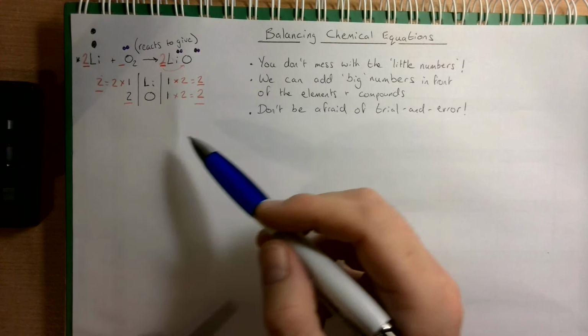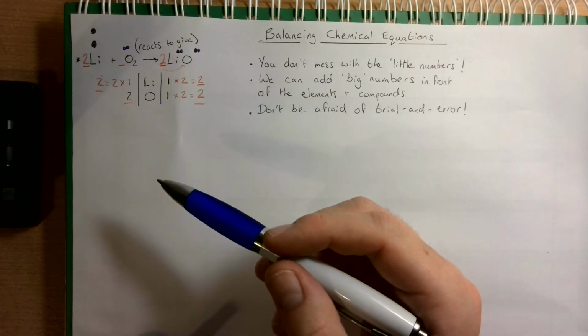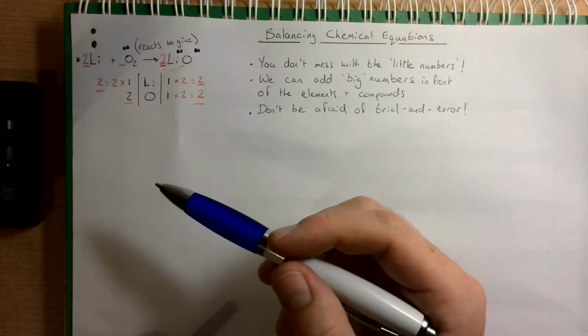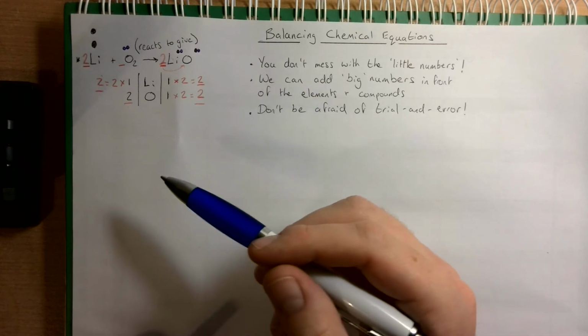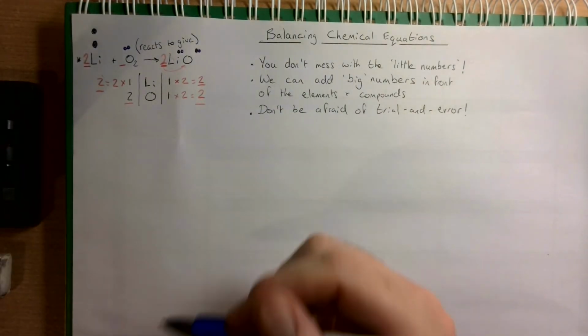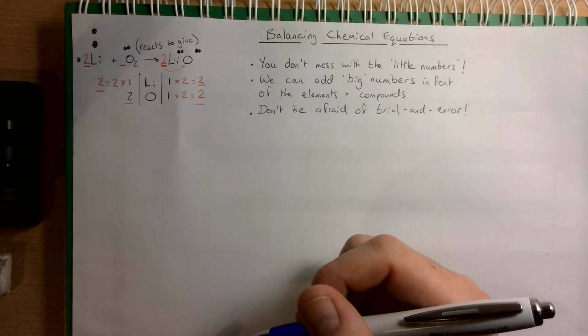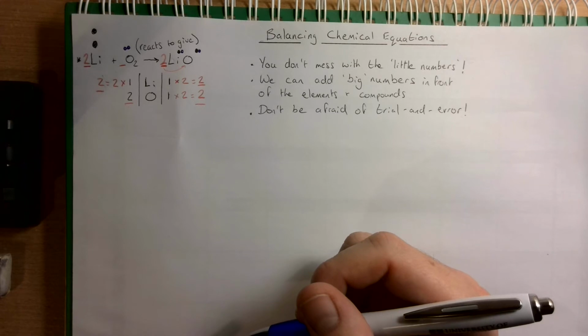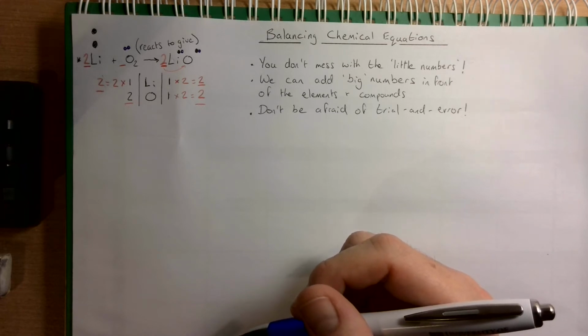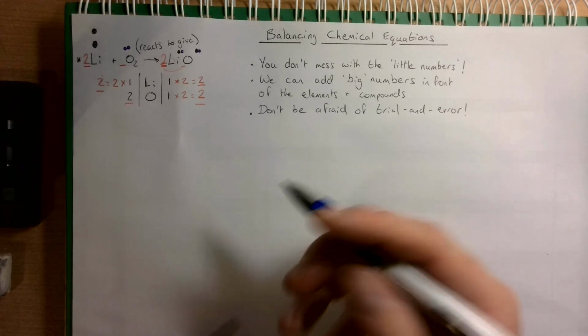If you start doing this method and then you get to the point where you think the numbers just aren't going to balance and that they're just getting away from you, then you may well have put in the wrong thing somewhere and you'll have to start again. So use a rubber, that's fine. Use separate colours, use a rubber, otherwise you will forget which parts you've added and which parts were originally in the equation. I've done plenty of these, and sometimes it gets away from you and you need to start again because you've put a number in the wrong place. At the start you really are just feeling around for a correct answer.